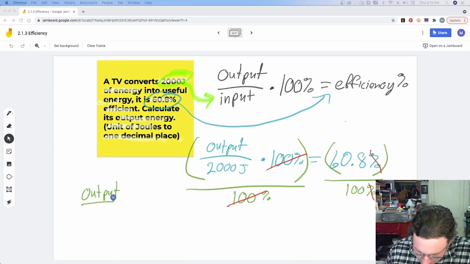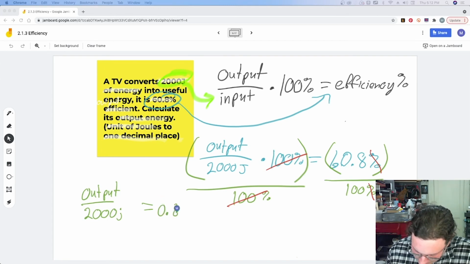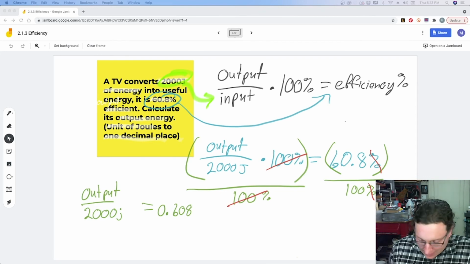Okay, so we can rewrite this as the output divided by 2,000 joules equals, in this case, I'm just going to go ahead and mentally simplify it down, so we know that it's 0.608. Okay. What's left is on both sides we now need to multiply by 2,000.